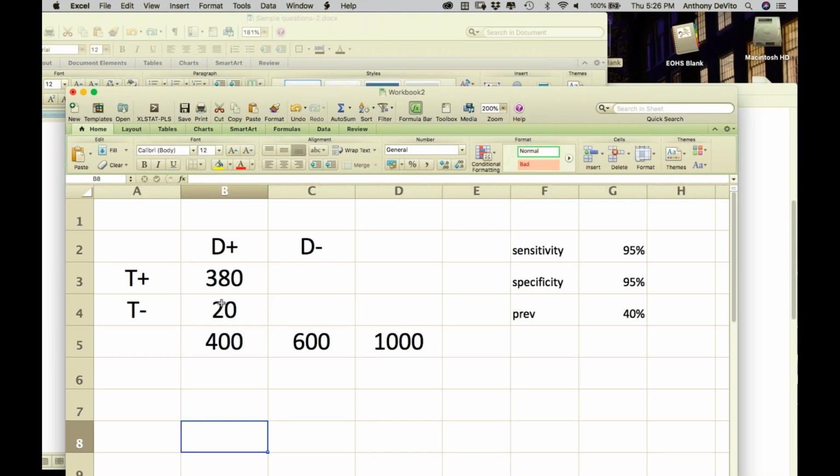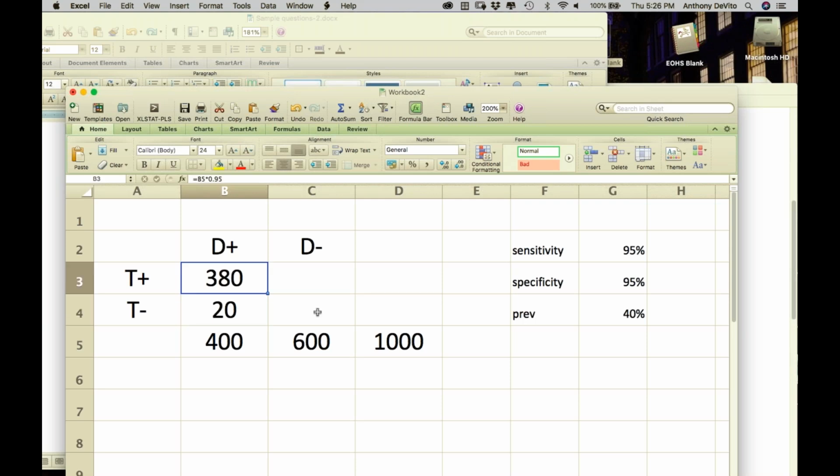True positive, true negative, false positive, false negative? Those are false negatives. They have the disease, but they tested negative. And these are true positives.